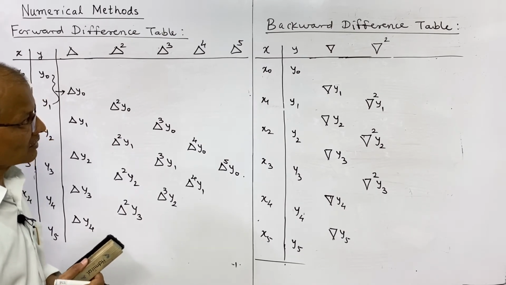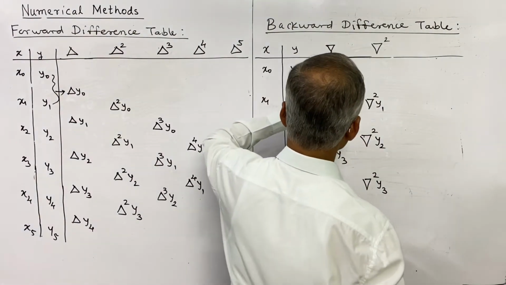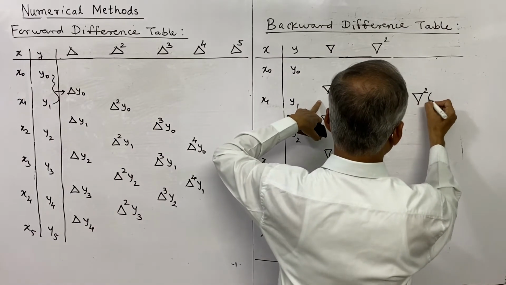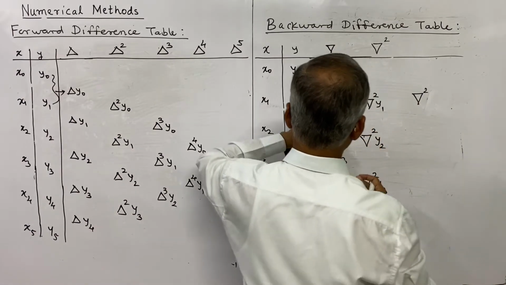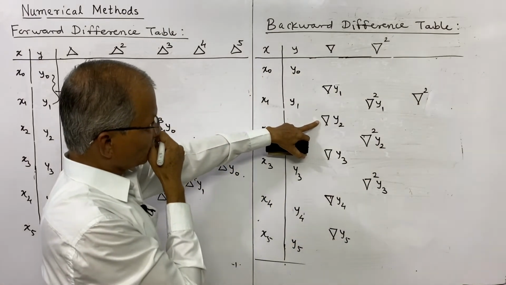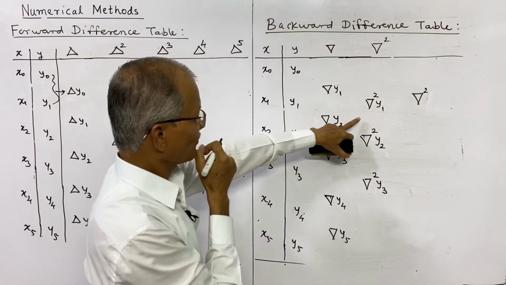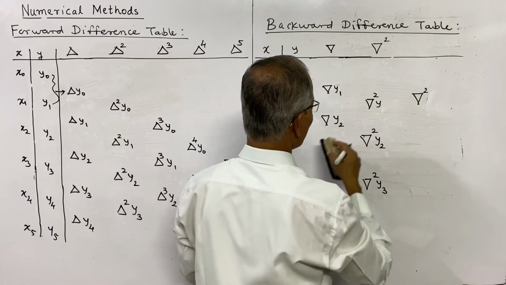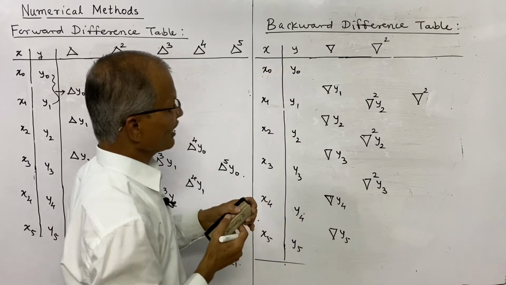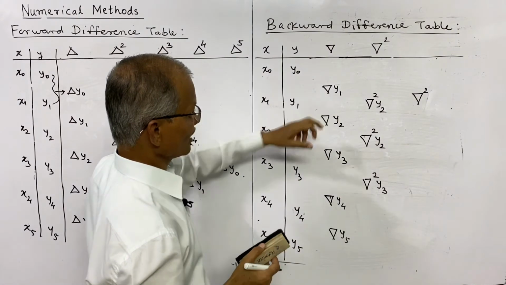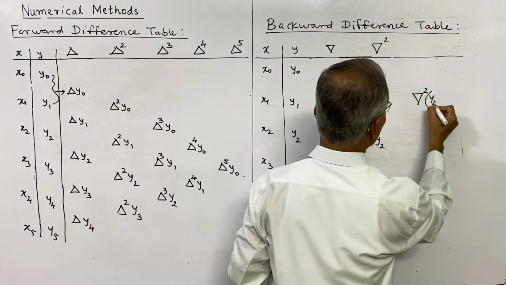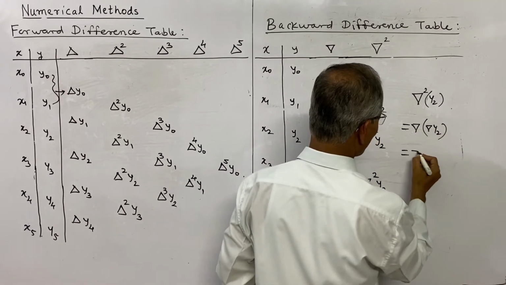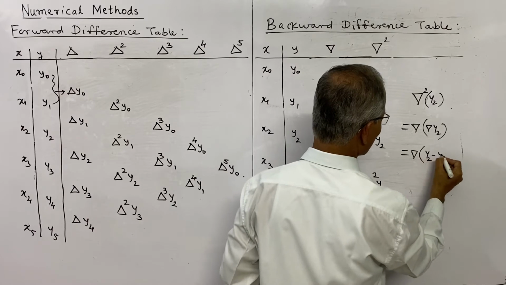So is it right? We will check. This should be del square y2, and this should be del square y3. Del square y2 will be del y2 minus del y1, and del y2 is y2 minus y1.